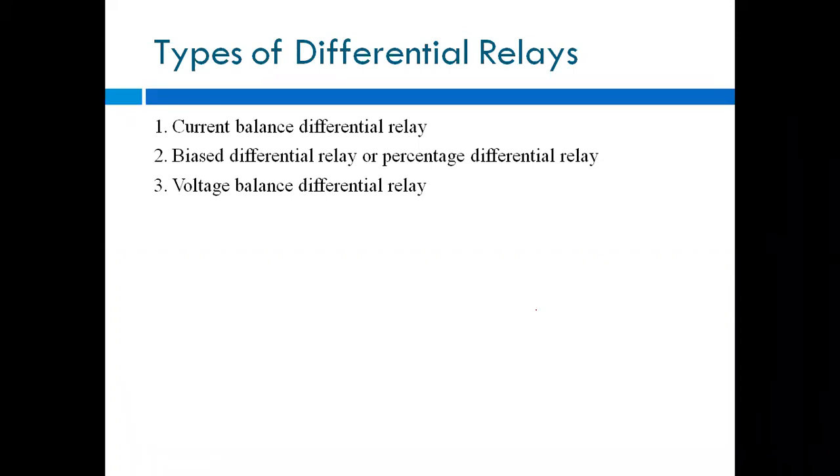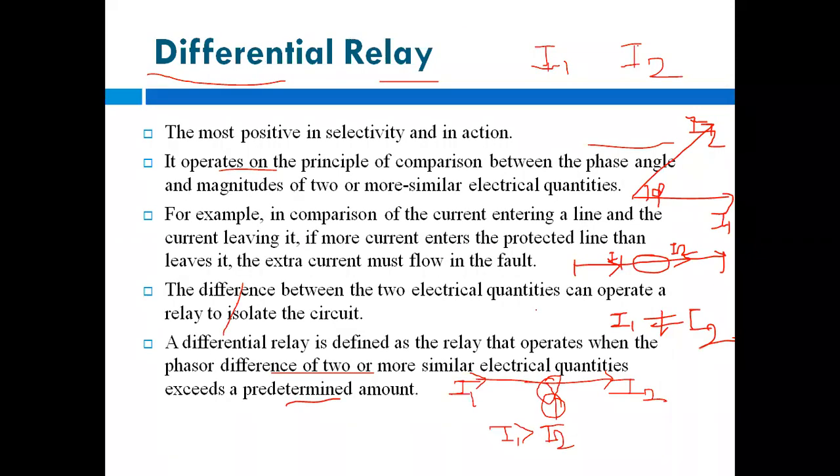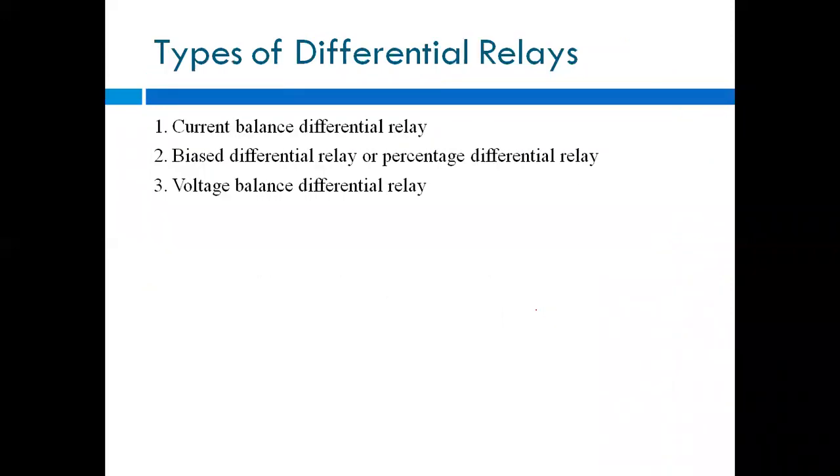So we have seen that for the differential relay, if there is a difference between any two quantities and the phase angle, then your relay will operate. Then we'll see the first relay, the current balance differential relay.